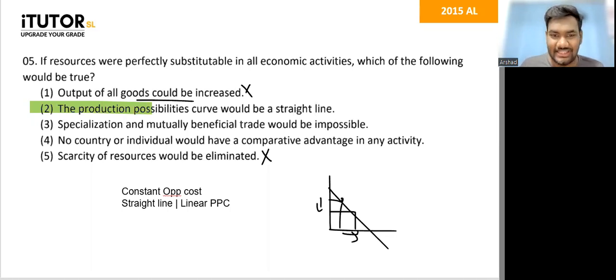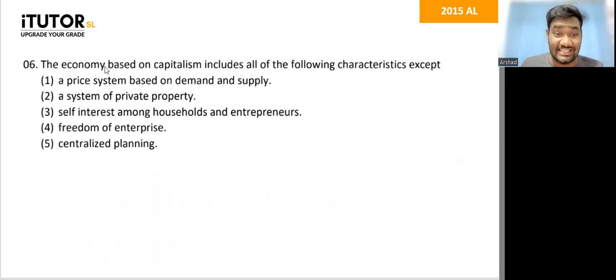Then we'll go to the 6th. This is an easy one again. My 2024 people also got this right when I did it recently with them. Can you all tell? The economy based on capitalism includes all of the following except. When you say capitalism, guys, which type of economy are we talking about?